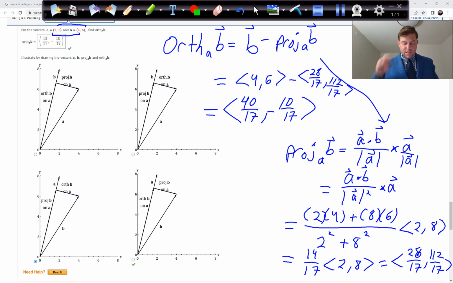Now let's see what that means from the picture. Okay, so the easiest one to look at is the answer, which is the bottom left picture. So if you look, B is 4 in the x, 6 in the y. So B goes down to 4, 6.